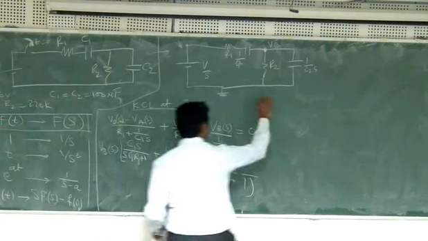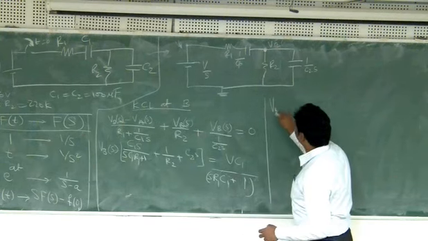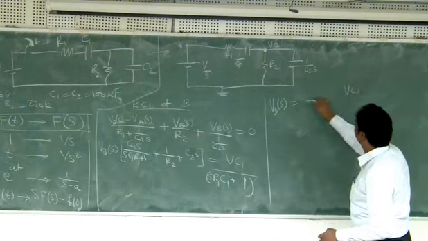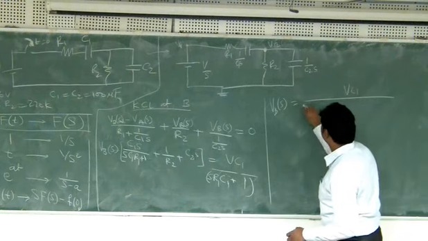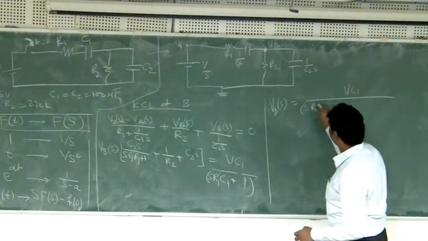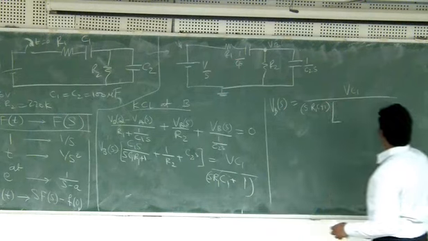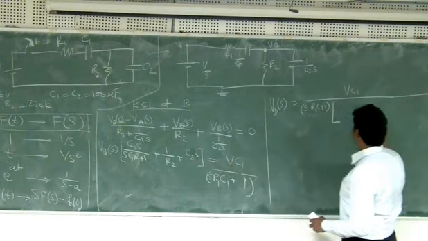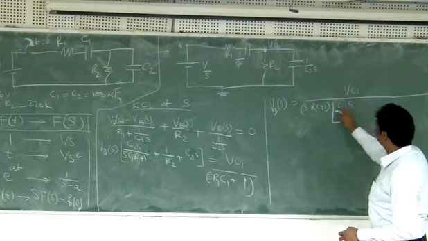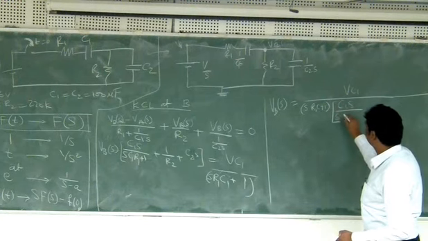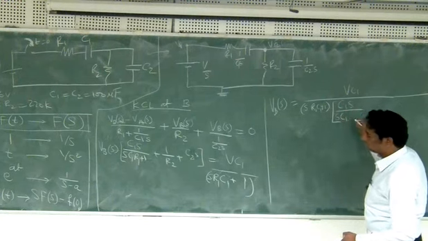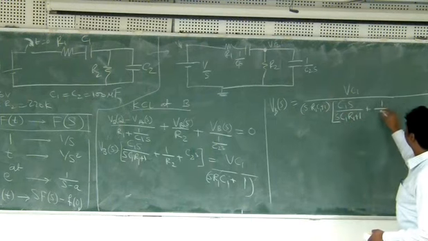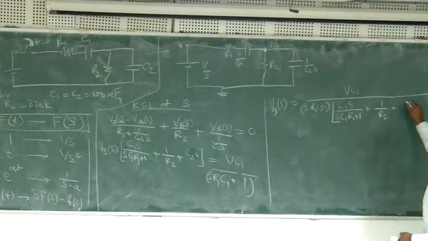So now maybe I'll write it here. So VB of S equal to VC1 divided by this one, S R1 C1 plus 1. Then I'll multiply everything. So this whole thing will come here. Okay. C1S by S C1 R1 plus 1 plus 1 by R2 plus C2S.